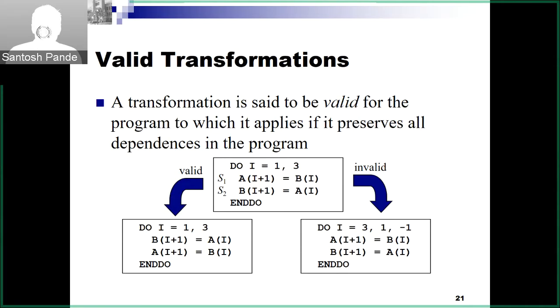So finally, the valid transformations on the program really depend on whether they preserve all the dependencies or not. And that's illustrated in these two simple examples, one valid and one invalid. So let's go through those, understand those, and from there we'll see how to formalize some of these statements in terms of the dependencies and the kind of transformations that we are allowed to make on the programs.